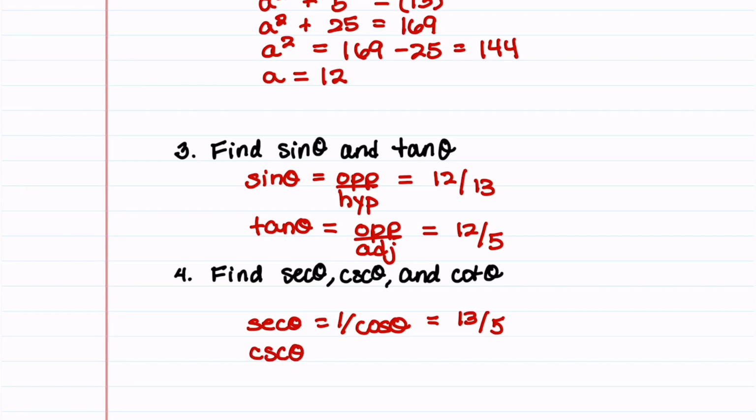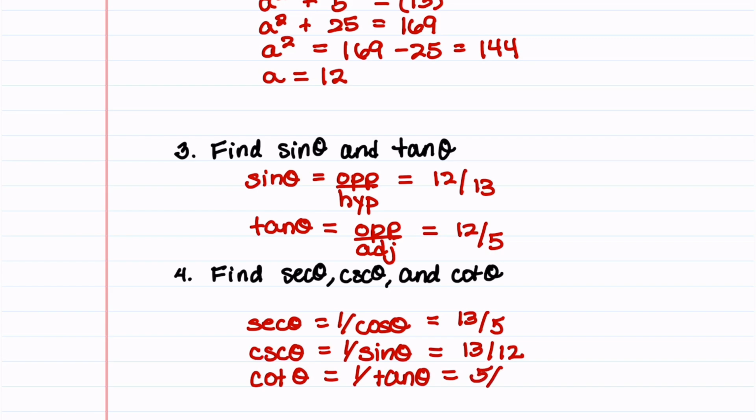Cosecant theta is 1 over sine theta, and we just found that in step 3. We'll take the reciprocal of it and we'll get 13/12. And then lastly, we have our cotangent theta, which is 1 over tangent theta, which is going to be 5/12.